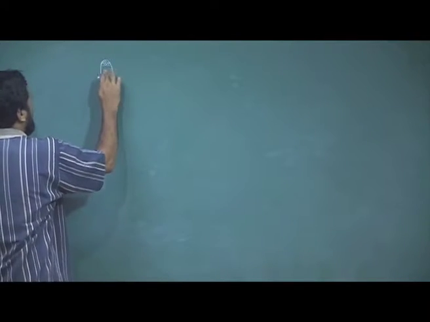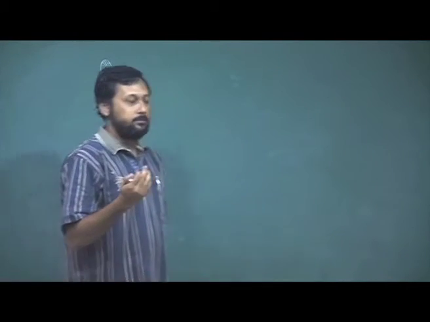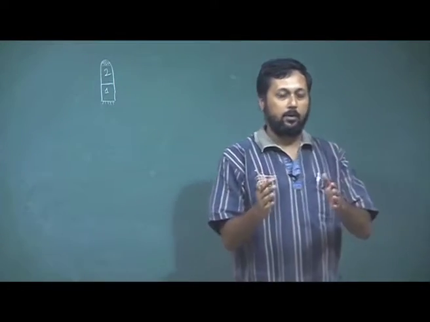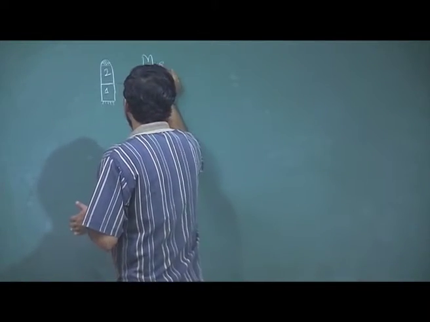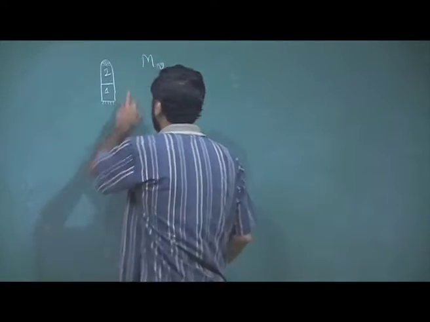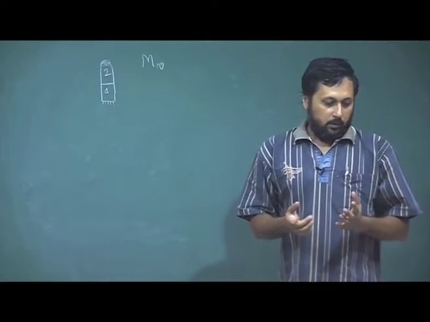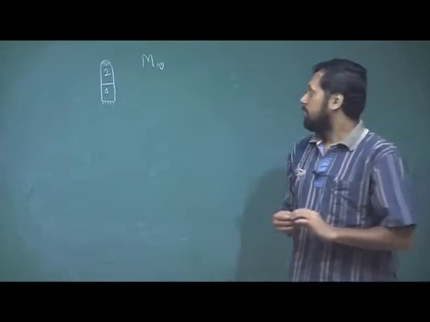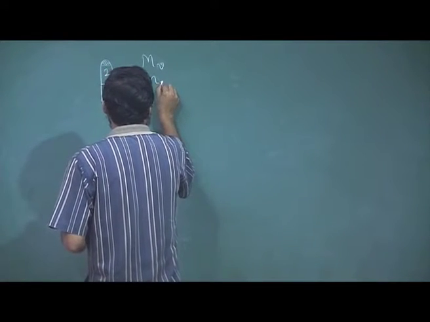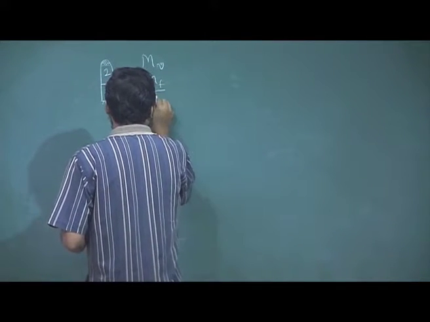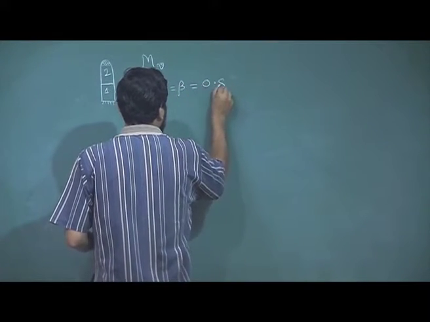Anyway, we do not worry, once again, about how much of this m_v, the vehicle mass, is payload and how much is the empty rocket shell. So what is given here is 80% of it is fuel. So m_f by m_0, which is beta, is equal to 0.8.